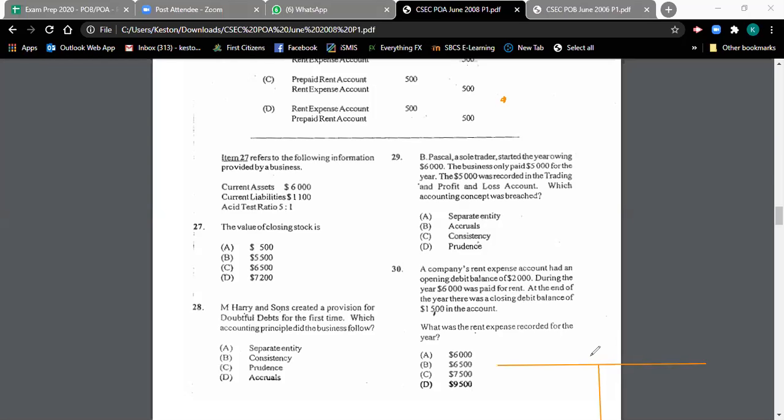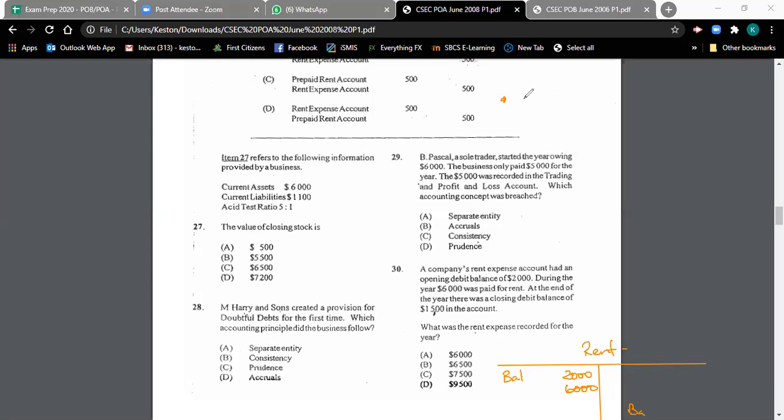We have rent and we have an opening debit balance of 2,000. During the year, 6,000 was paid for rent. At the end of the year, closing debit balance in the account of 1,500. At the end of the year, the balance brought down.